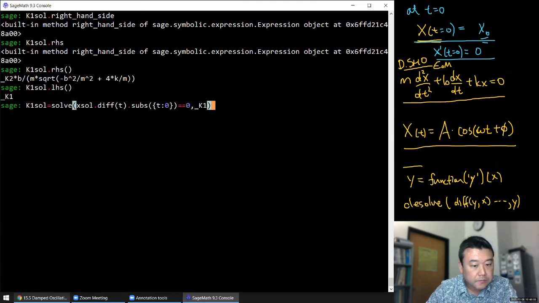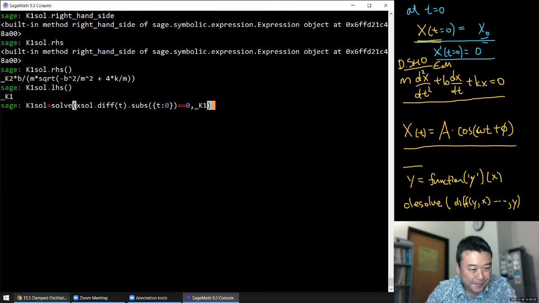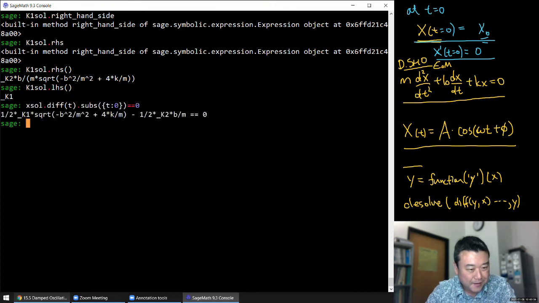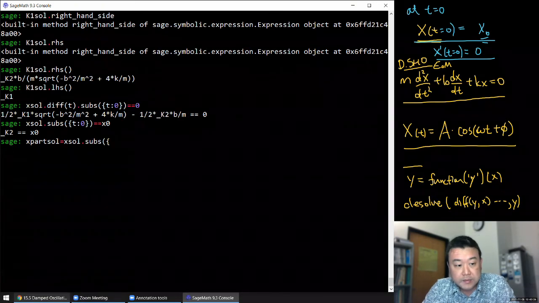So we already have this. This is one of the things that we'll put in. Wait, not this. We have this. Yeah, it's K2. So for X particular solution, I'm going to take X solution and do this substitution one at a time, so that first I can substitute in what K1 is.